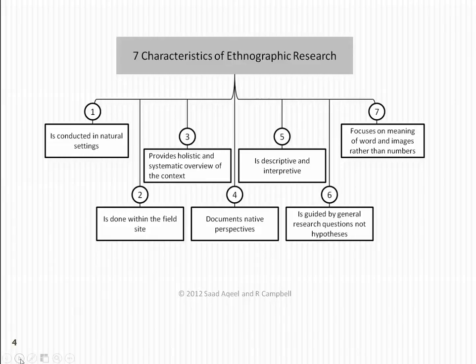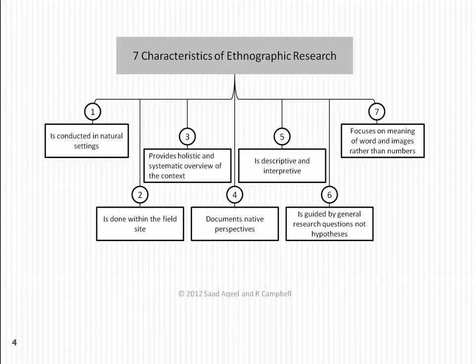And then 5, anthropological ethnographic research is descriptive and interpretive. It describes what the ethnographer saw and heard, and also his or her interpretations of what he or she saw or heard. And then 6, it's guided by general research questions and not a specific hypothesis.